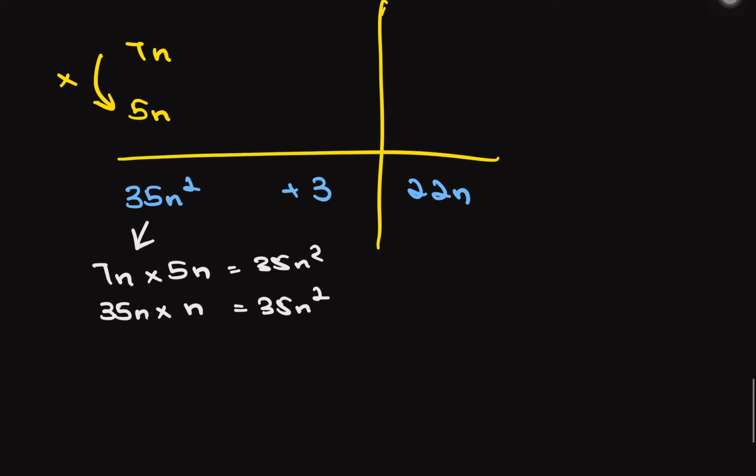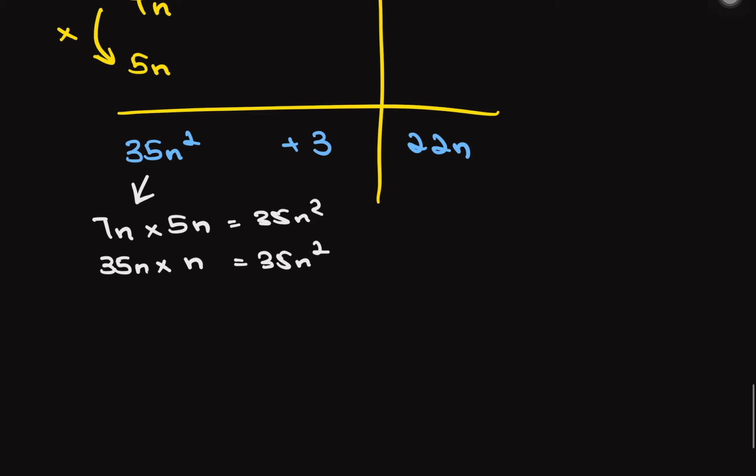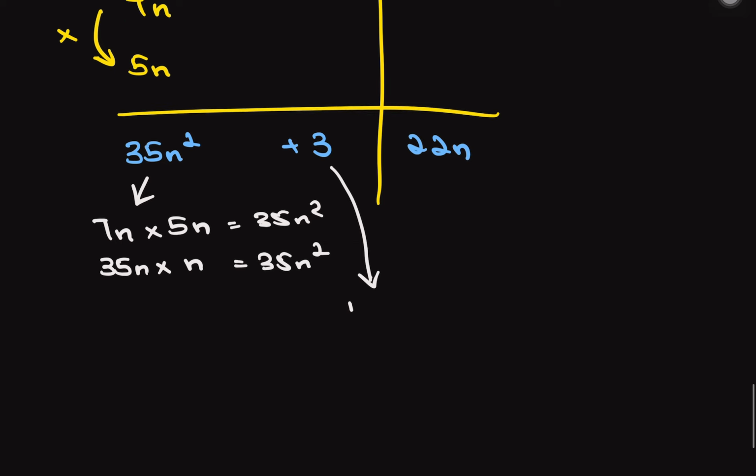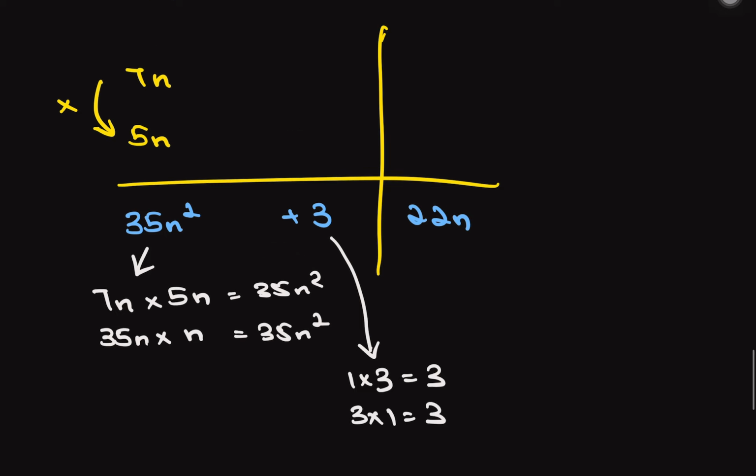Which two numbers multiplied together would give us 3? The different possibilities are 1 times 3, where we get 3, and 3 times 1, where we get 3. So let's try the first one, positive 1 times positive 3. Then we cross multiply.